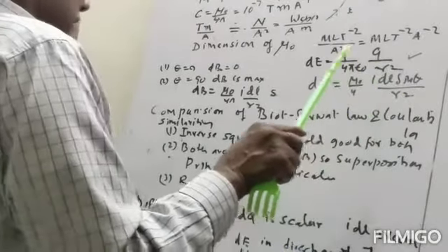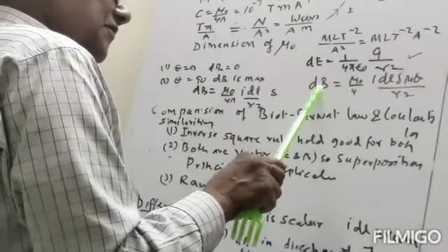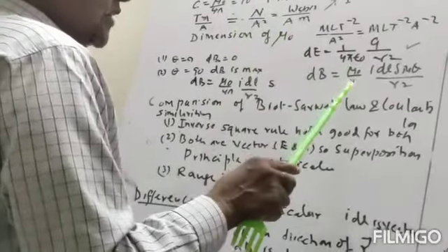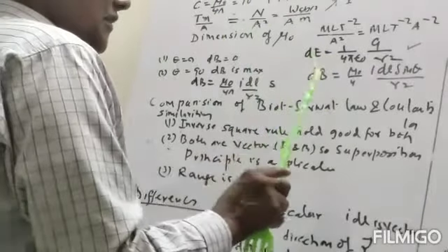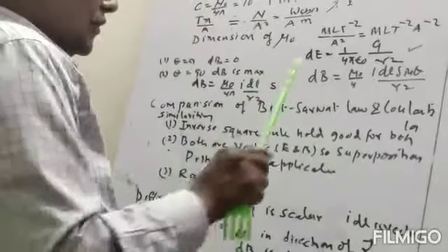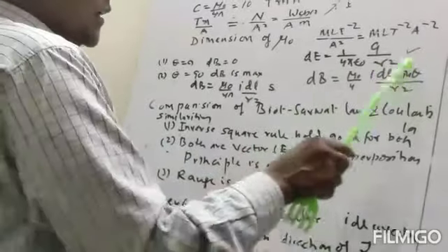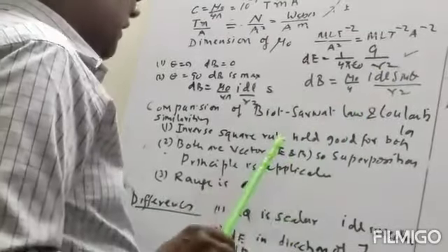Now electrical field and magnetic field both are vectors. So the superposition principle will be applicable for the electrical field as well as the magnetic field. The range for the electrical field is infinite. Similarly, the range for the magnetic field is also infinite. So these are the similarities.